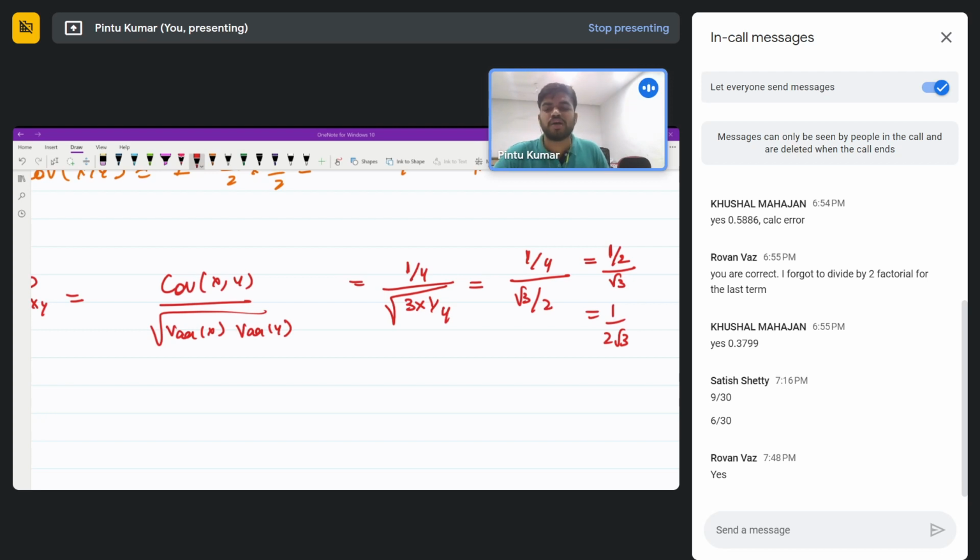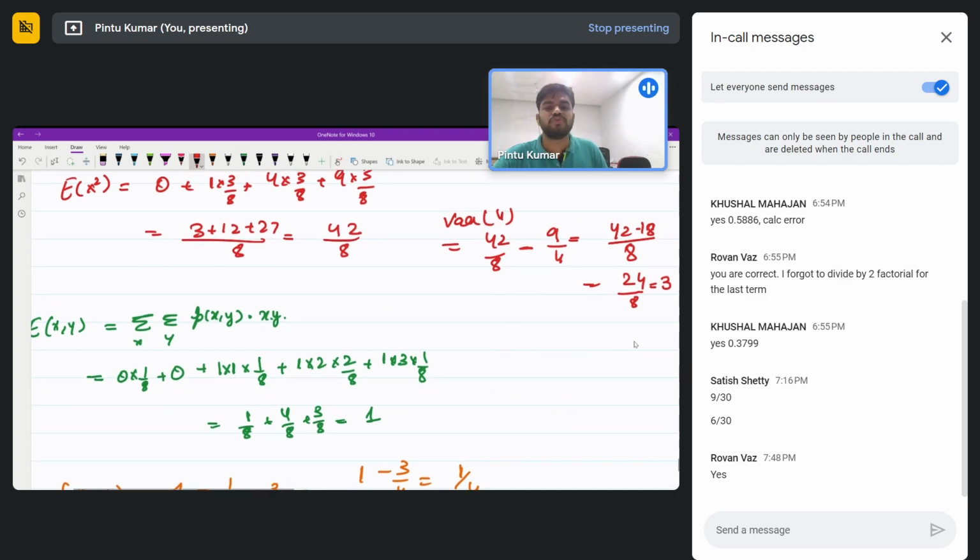I think I have made some calculation mistake there, but this is what you would get. This is how you should apply it.